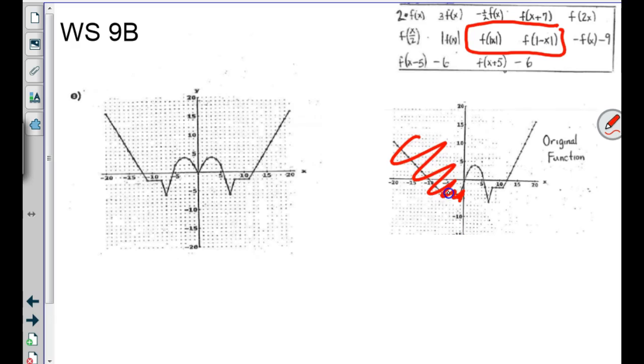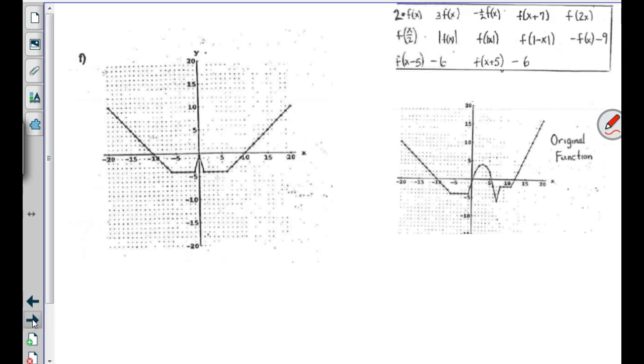They cut off the left half and then made it symmetric. Okay? That is this one. This one, they reflected it over here.